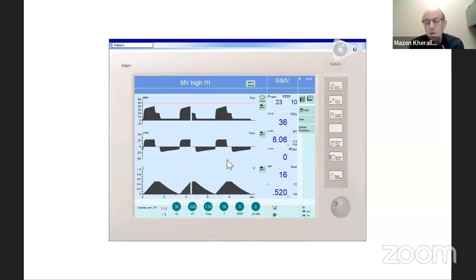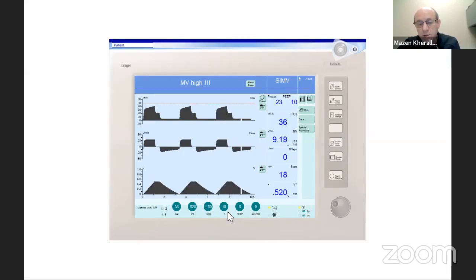Decreasing the rate is not necessarily the first step that I would do. So I put it back to 18. And I'm putting the principle: number one, I want to improve things without affecting ventilation, if possible. PCO2 is 45. Any decrease in the minute ventilation is going to result in more acidosis.